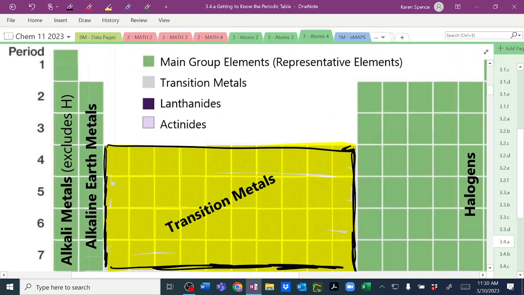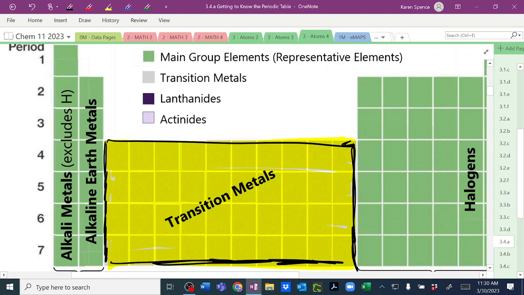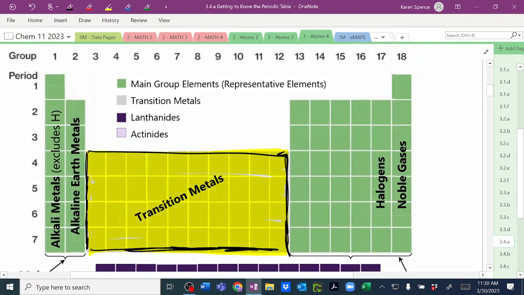Now the rest of the main body of the periodic table, so everything except the transition metals, which is shown up here in green. So if you wanted to box it in a different color or highlight it in a different color, you could do that. So that would be all this section here, and all these ones over here.